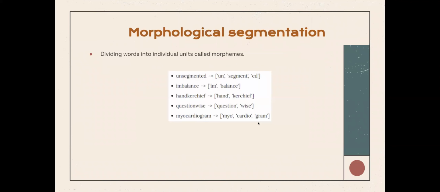And morphological segmentation, as said just now, the different segments in a word could change the meaning completely, and we are trying to identify these segments. So balance versus imbalance is just a difference of the im in front. Based on this, we try to break it down further and further.